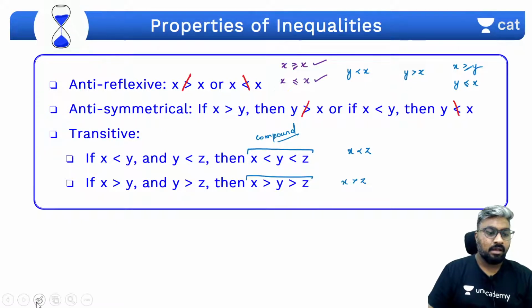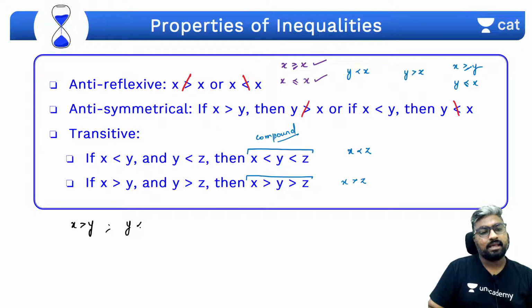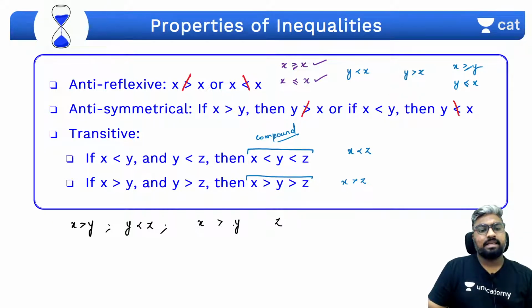Okay. What if I give you a situation where I say x is greater than y and y is less than z? Then tell me, how will I put this in a compound inequality with x, y and z? Is this true? x greater than y, y greater than z?